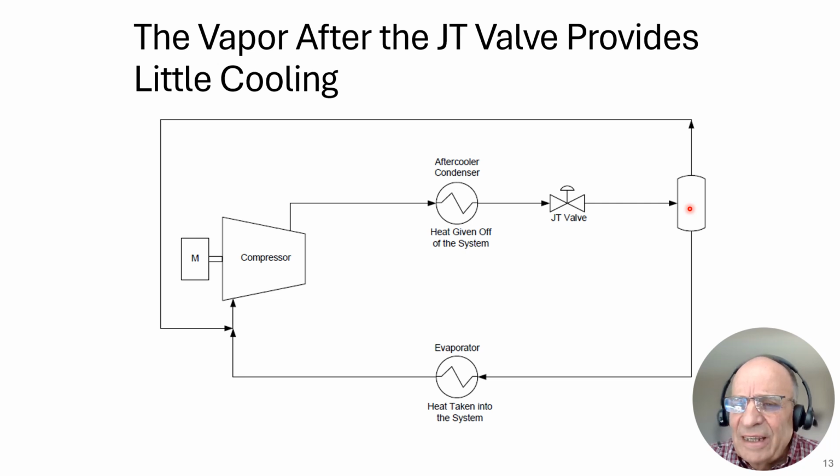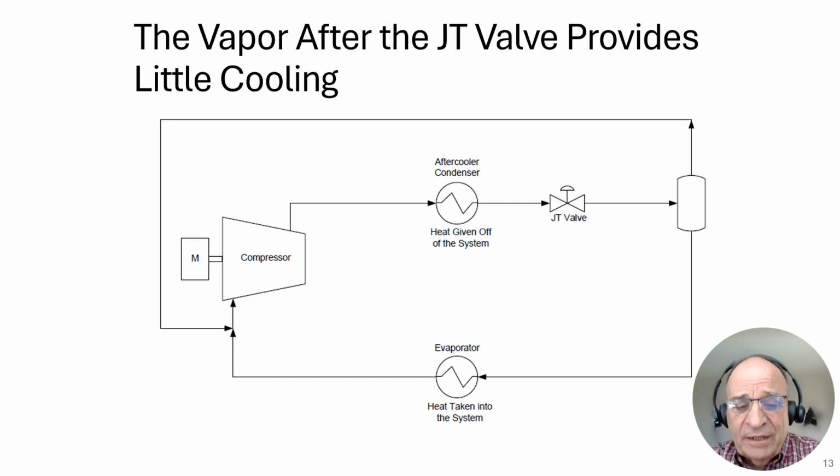Well, if you're not going to get much refrigeration out of the vapor, you might as well send it right back to the compressor. You might say, why not? There is a little bit of chilling available in that vapor. Yes, there is. But if you send it along, your evaporator has to be able to handle additional flow because the vapor takes up a large space, even though it's a small amount of mass.